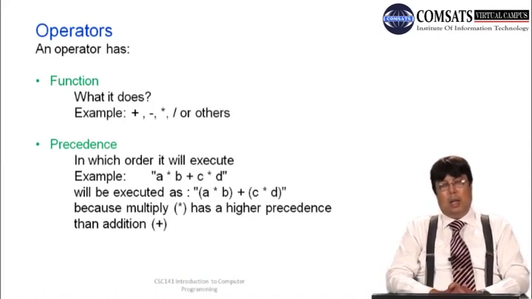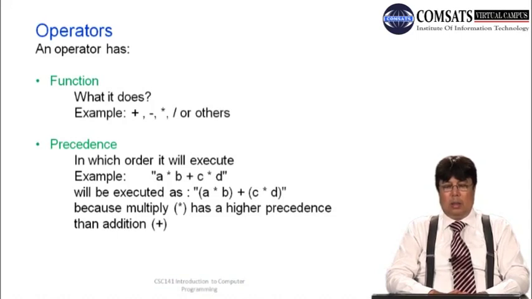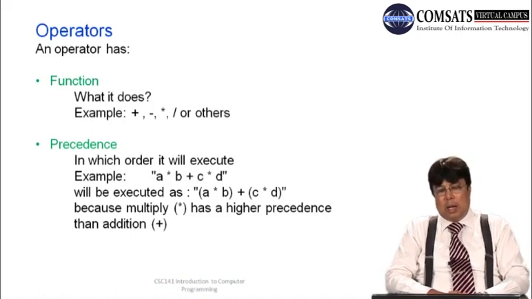Now if we look at a multiply by b plus c multiply by d, what will it do? It will multiply a and b first, then multiply c and d, and then add the results. Why didn't it multiply a and b, add c, and then multiply the answer by d?